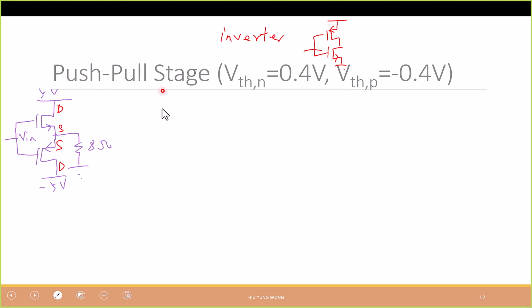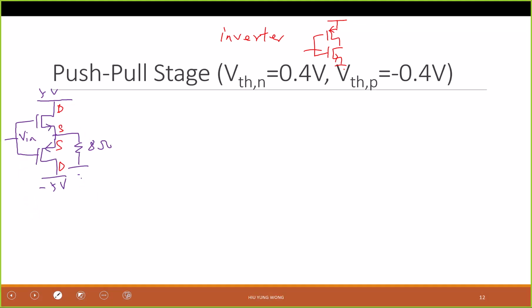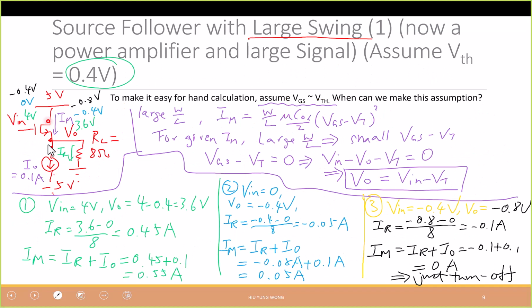This is called a push-pull stage. Later you will see that you try to push the current to the low, and then the PMOS is going to pull the current from the low. Here you already see that it pushed the current to the low. But here it's just a constant current. It pulls the current, but not due to your input, right?